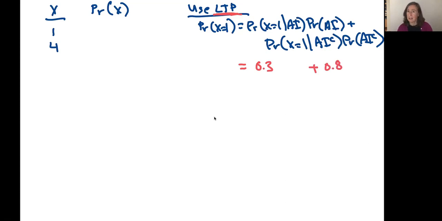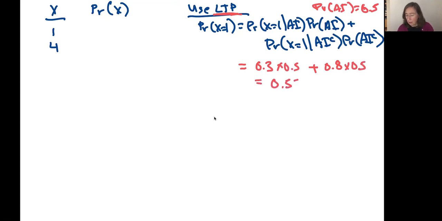Let's assume that we're just maximally uncertain here. The probability that there is anti-incumbent sentiment is just as high as the probability that there's none. So that implies the probability of anti-incumbent sentiment is 0.5. So put that here: 0.5.